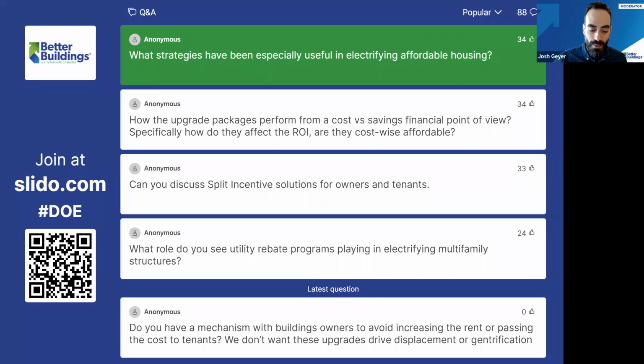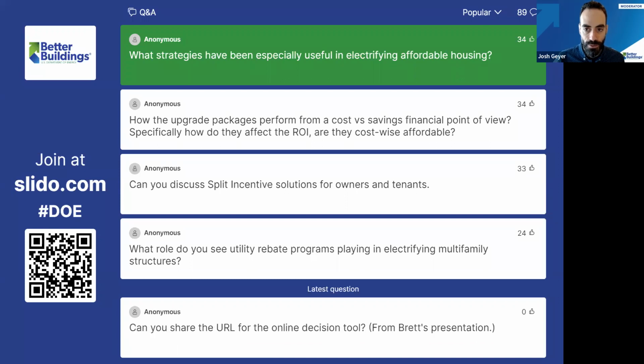And with affordable multifamily, you're particularly subsidized, so you have that extra layer of challenge. But we're consistently working on this, and I welcome people to check out the Better Buildings Solution Center, where we have hundreds of different techniques posted and case studies for doing these kinds of things.